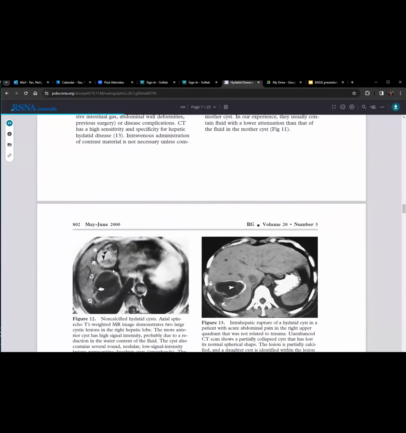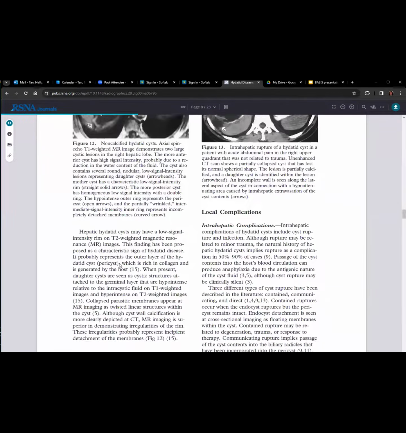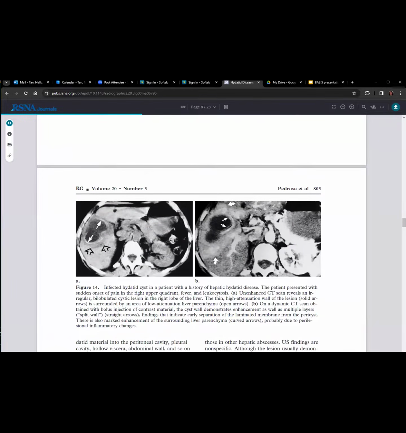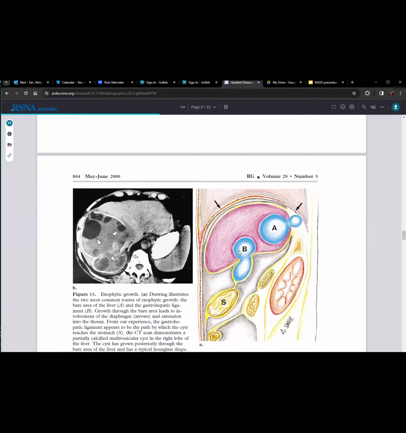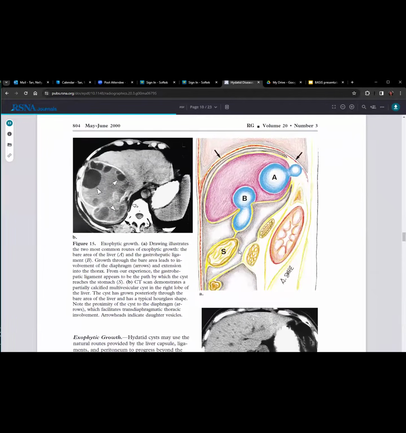Those are later findings. They can calcify, but of course we're not going to see that on MR. On MR it can be a challenging diagnosis, but they have a very similar appearance. Once you start to see them, they all look the same.